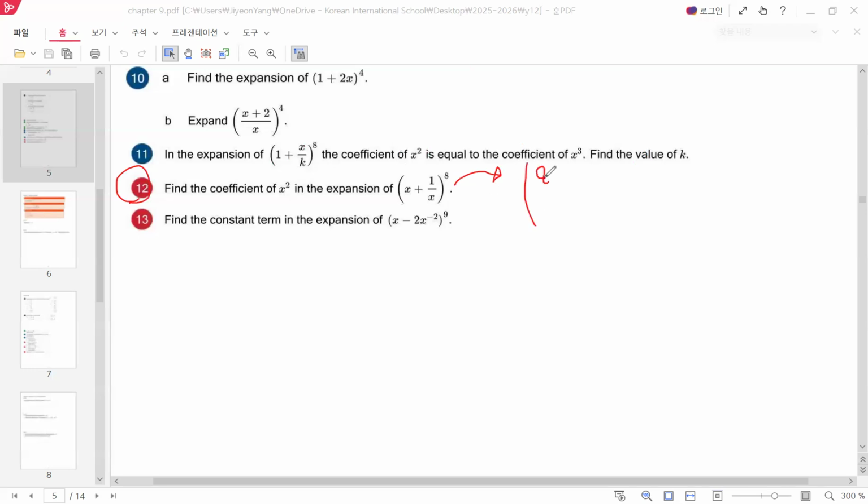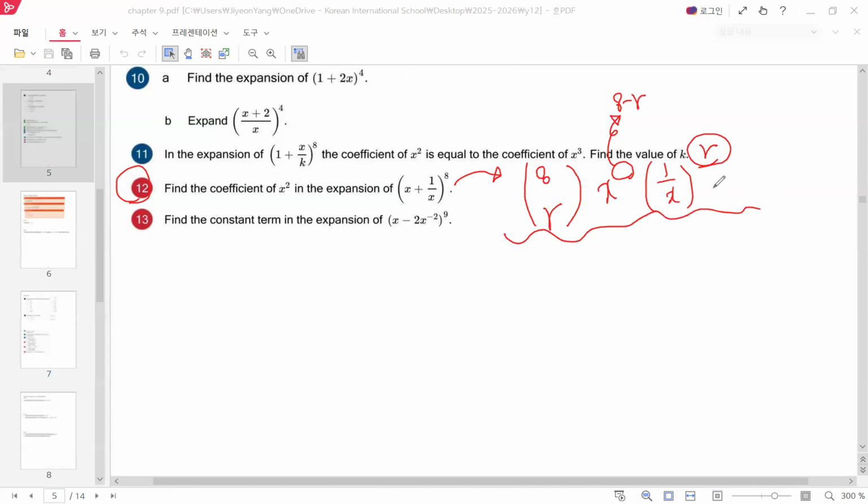So 8, and then x to the power of something, and the other term is 1 over x to the power of something. You understand this one, right? And then, students, if I write here as r, then here should be r, right? Then what's the power here? Thank you so much, 8 minus r. This is the general term of this binomial expansion.